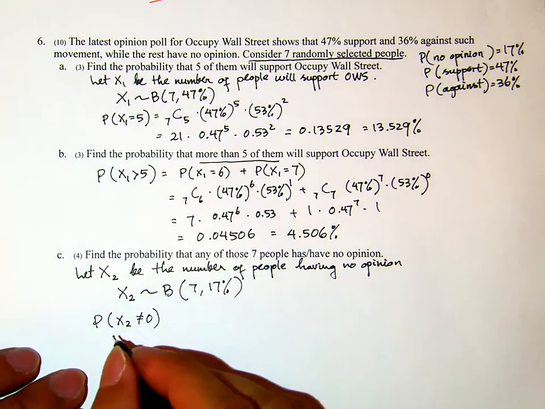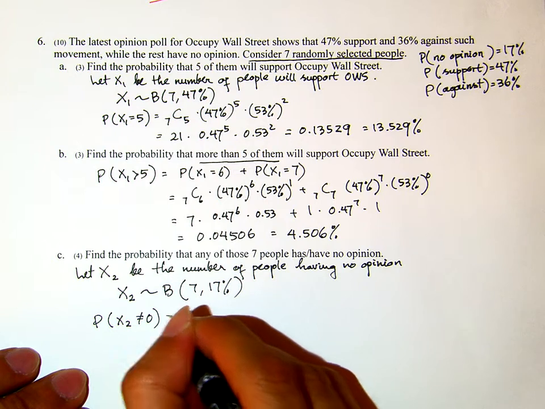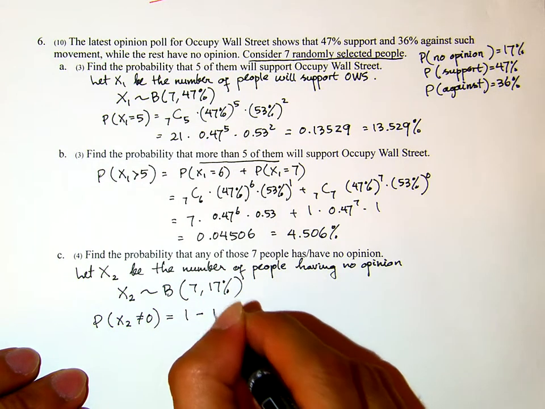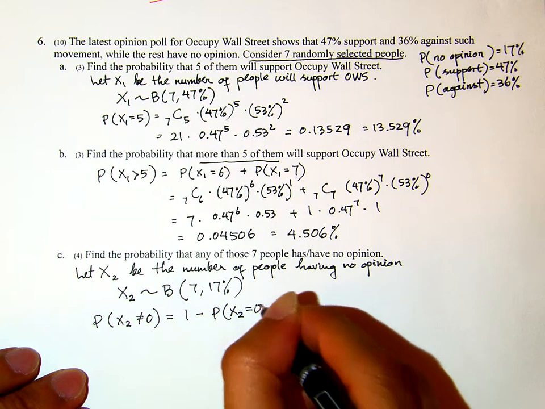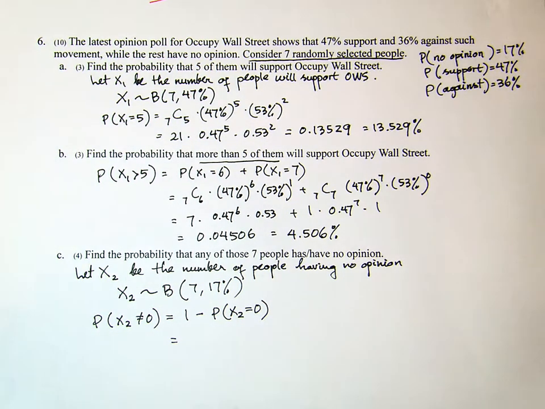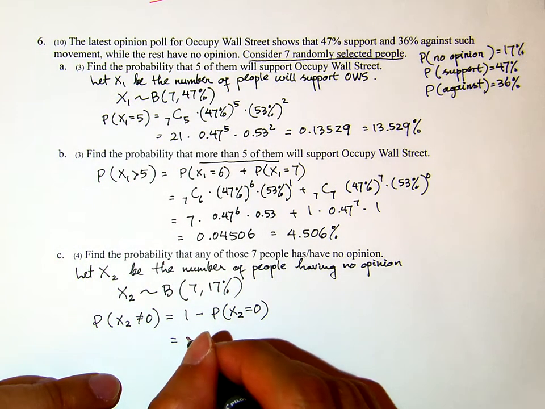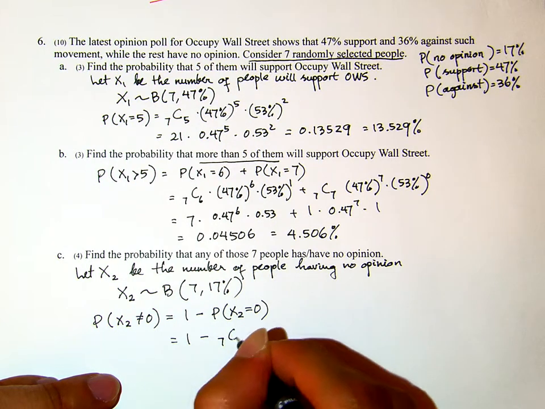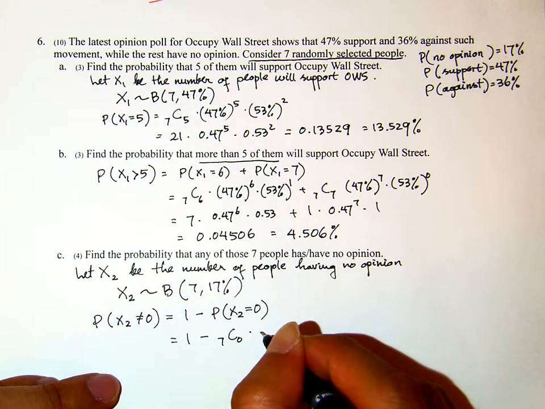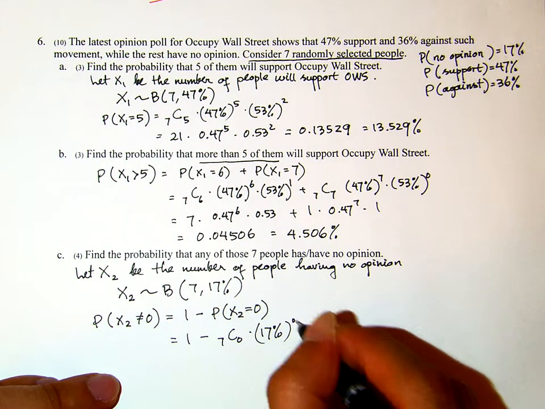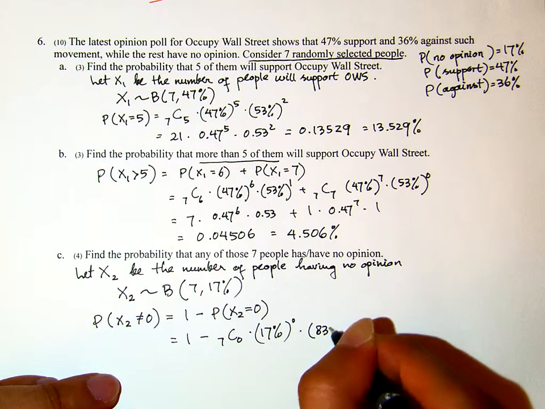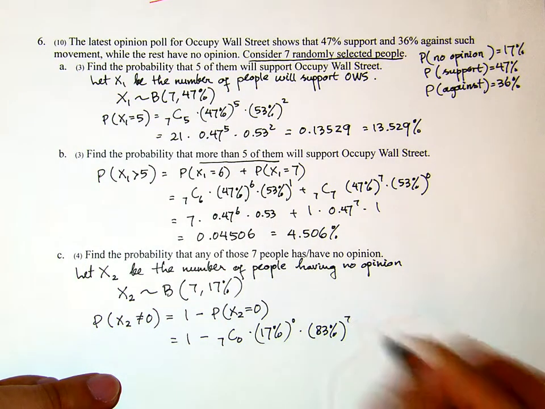The probability that x2 is not equal to 0 is 1 minus the complement, which is the probability that nobody has no opinion. Every one of them has already decided to support or go against, right? So that equals 1 minus 7 choose 0 times 17% to the power of 0 times 83%, the complement probability, to the power of 7.